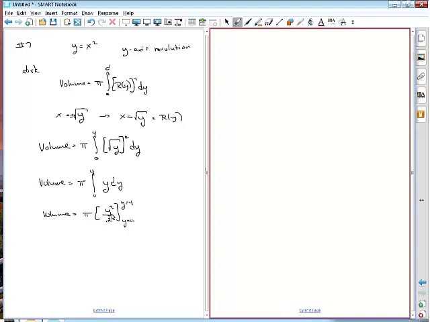The lower limit is going to be 0 because 0 squared is 0. So the final answer will be pi times y at the upper limit, which is 4 squared divided by 2. And I'll put the 0 in there. 0 squared is 0. So we get 16 over 2, which is 8. So the answer is 8 pi.